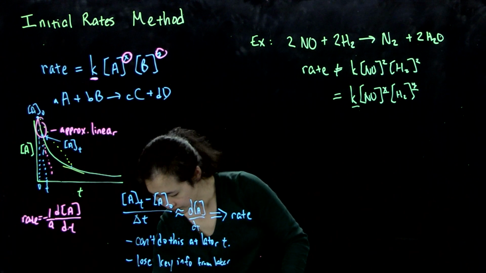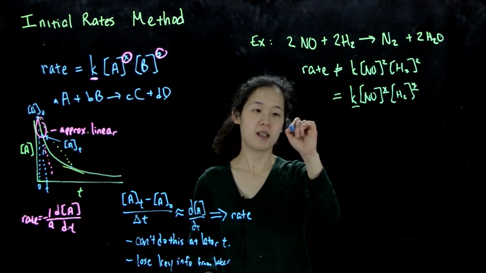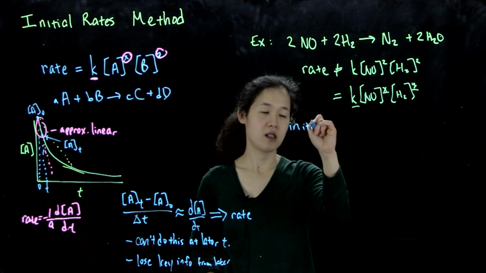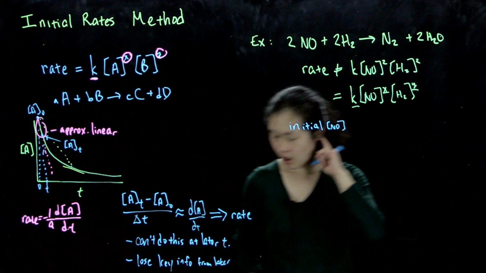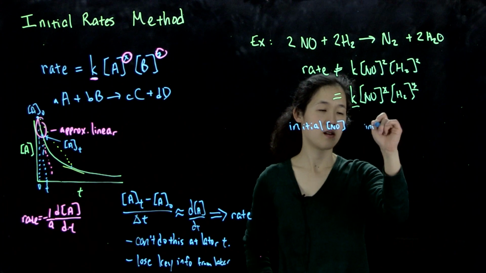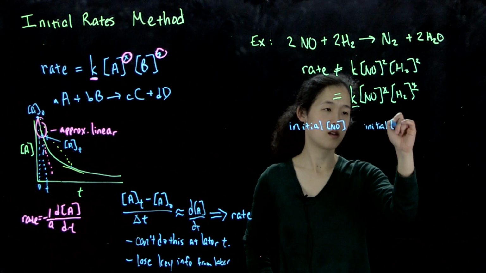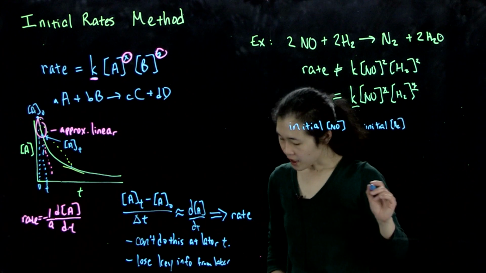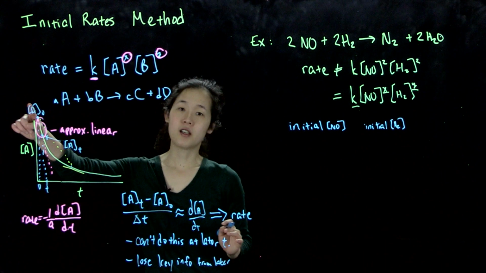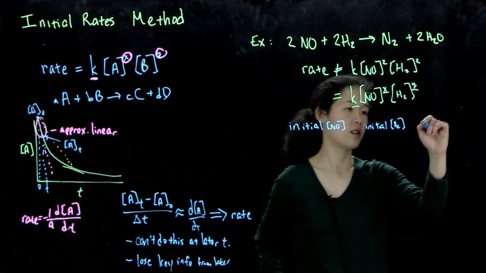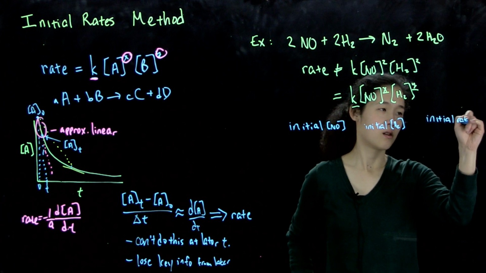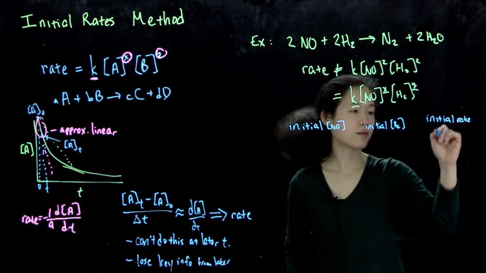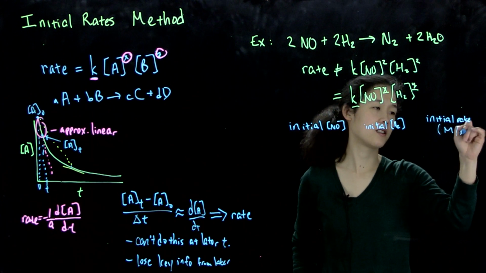Suppose that we did 3 runs, and we varied our initial nitric oxide concentration and our initial H2 concentration, and then again, we're measuring our initial rates, which is in molar per second.